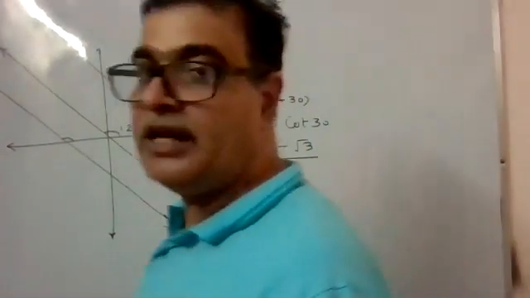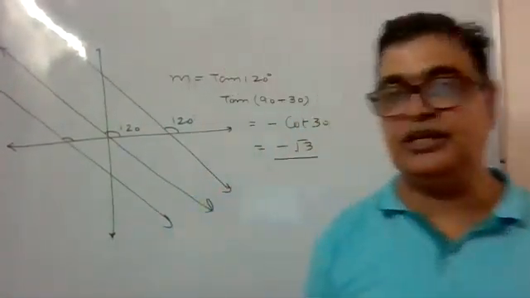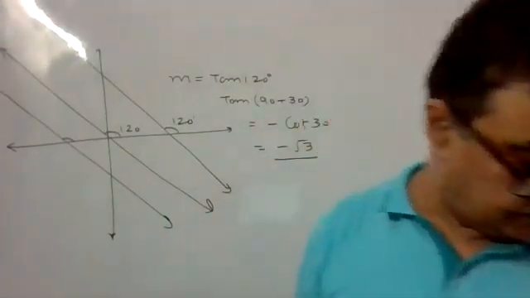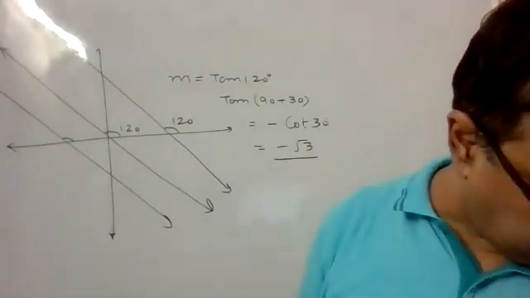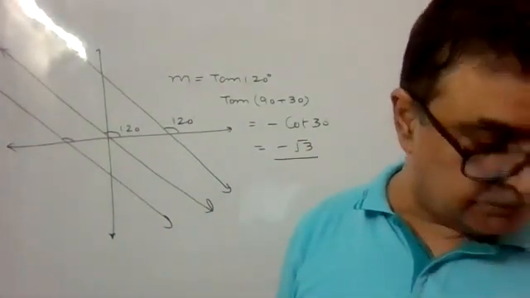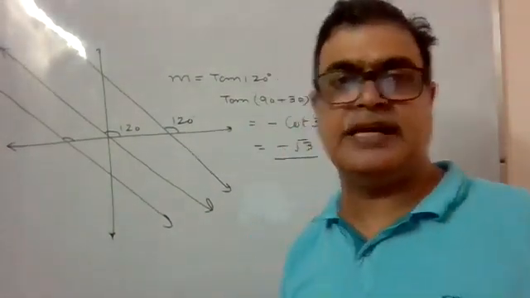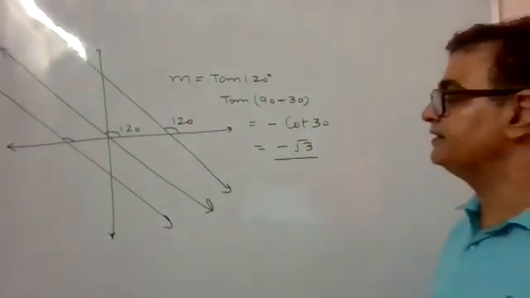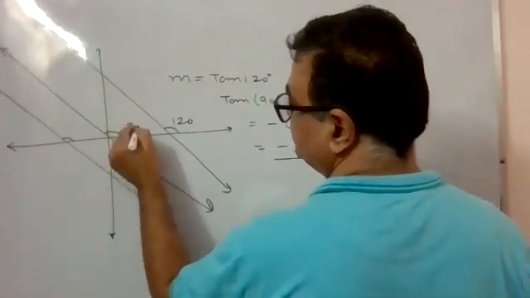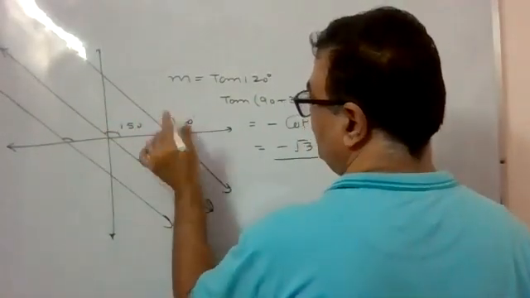Next one, when the line makes an angle 150 degree with x-axis, please find out the slope. Yes, anti-clockwise direction from positive x-axis. ये 120 की जगह अपनी बार 150 हो गया. Find out the slope, please.